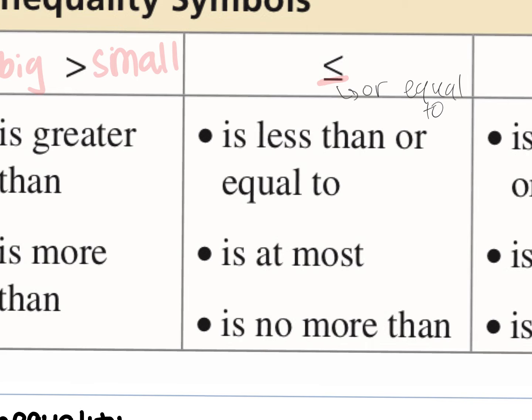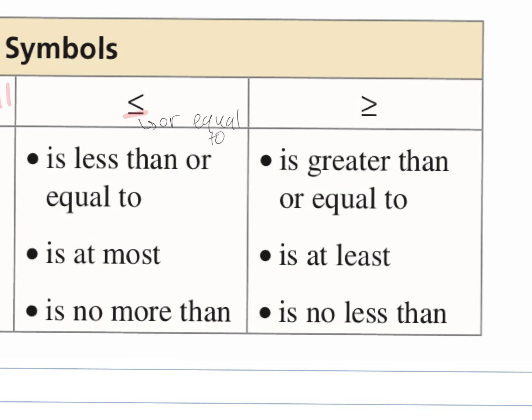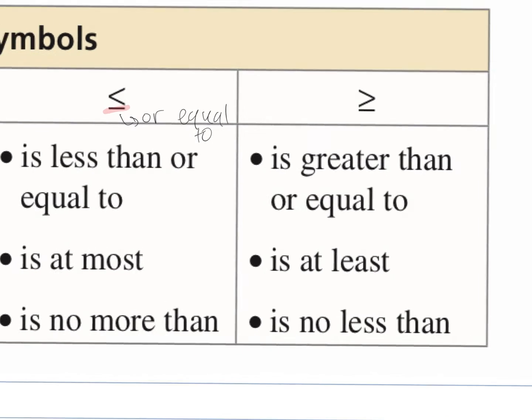Or equal to. So when this happens, if the left-hand side is the same as the right, it is still a true inequality, okay? If the left-hand side is exactly the same as the right, it is a true inequality. And what's the only difference between this symbol and the greater than symbol?